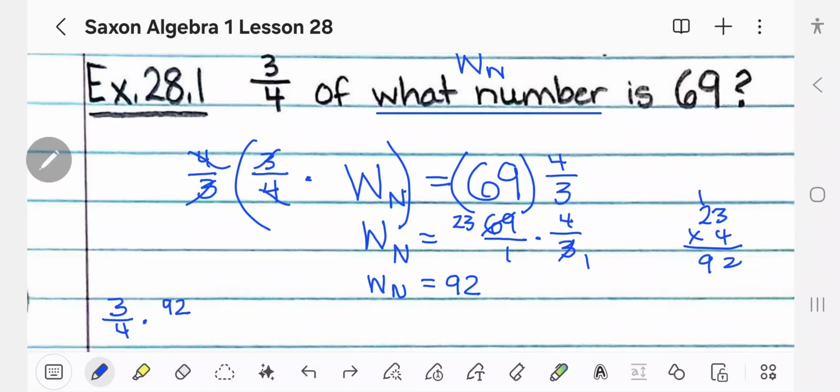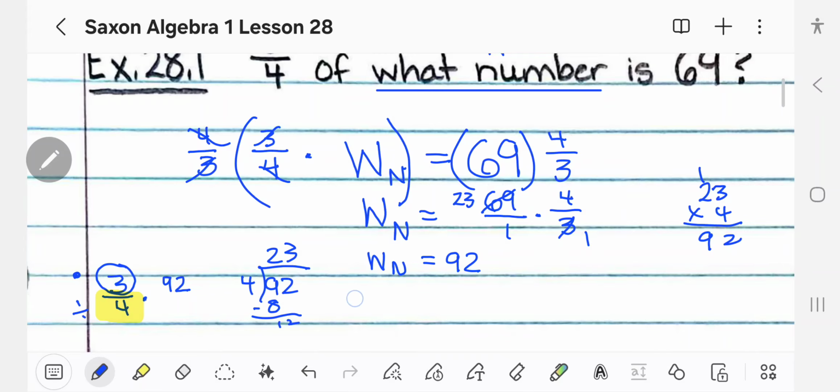But you could also break it up and do the division by 4 first. So do 92 divided by 4. We get 23, and then multiply it by 3. So we're always dividing by the denominator and multiplying by the numerator, if you want to break it up into 2 steps when you multiply by a fraction. And here that would help us check it. 23 times 3 is 69, and that's what we were supposed to get. So we know that the number is indeed 92.